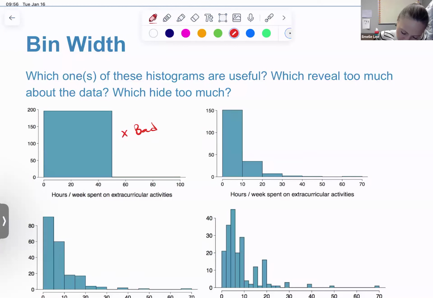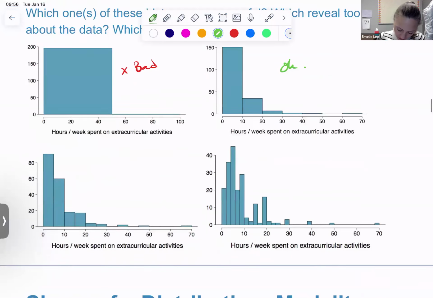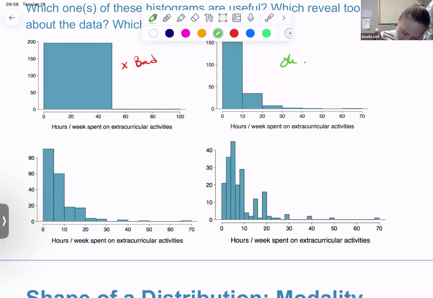This one, so here the bin width is 10, looks like. And so I'm going to say this one is okay. The reason I say it's okay is because the next one has a slightly smaller bin width of 5, right? So here, the bin width is 10. Here, the bin width was 50, right?